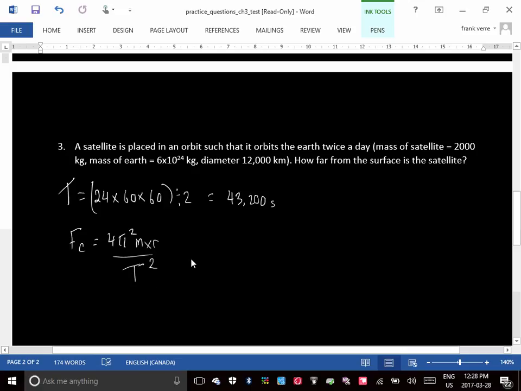That's for period, and then we have to set that equal to what? So Earth would be M2. I guess you can call it M1, but let's still call Earth M2. M1 will be the satellite.